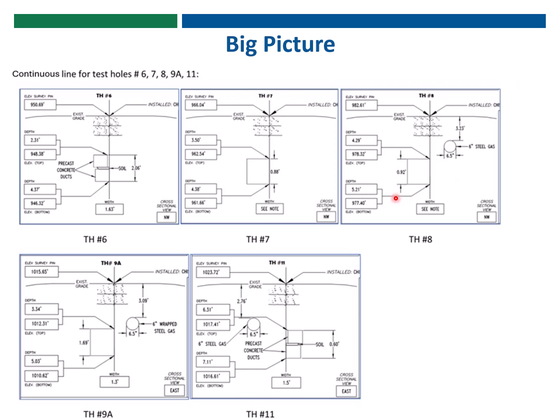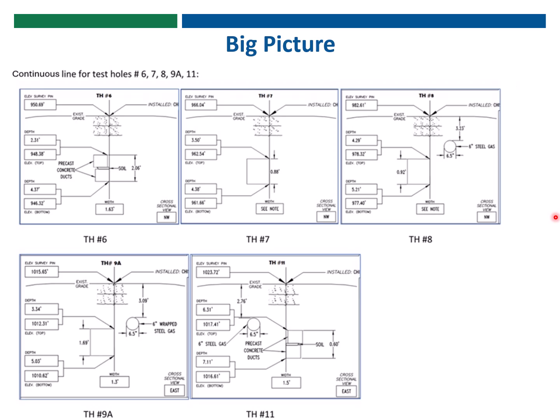Then we have 0.92 feet, 1.69 feet. Then we have 2 ducts at 0.6 feet. So this information varied significantly from the other one. But either way, we should consistently see at least the same number of ducts and close to the same depths.